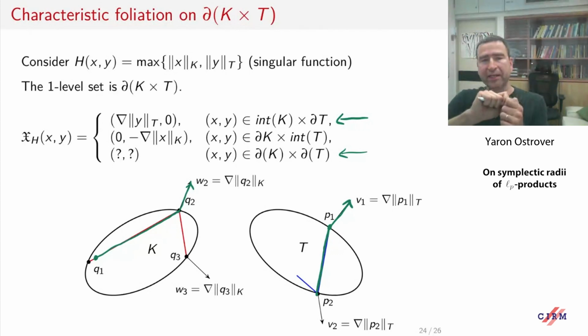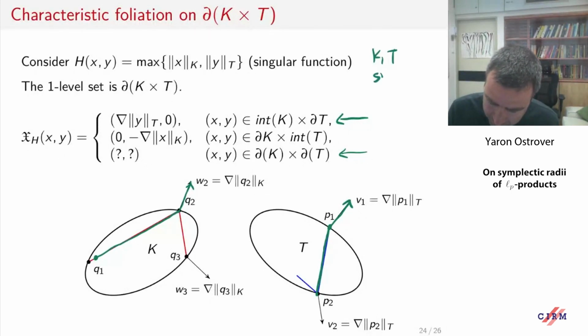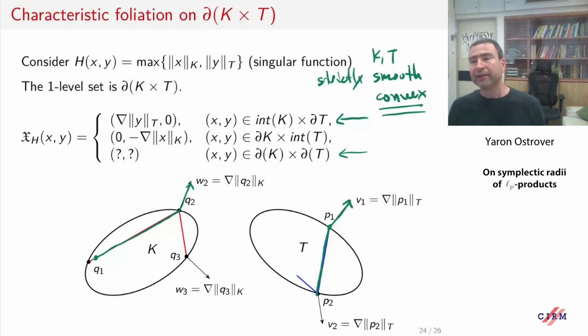So we basically go in and out of the singular strata every time, but if K and T are smooth and strictly convex, then one can extend this dynamics to the singular strata.